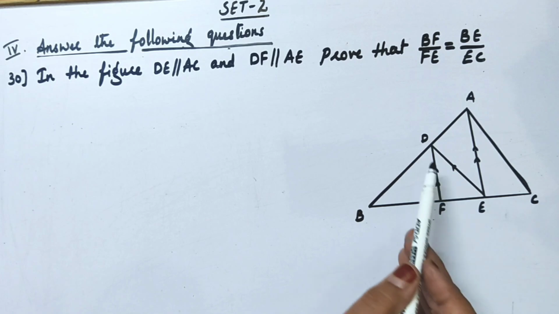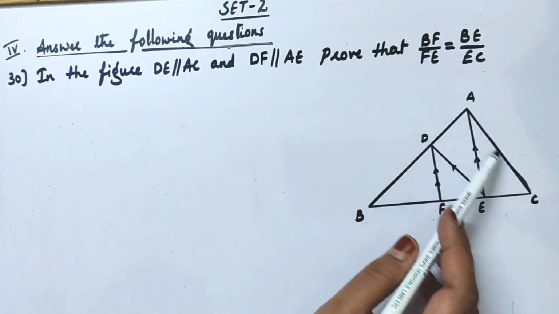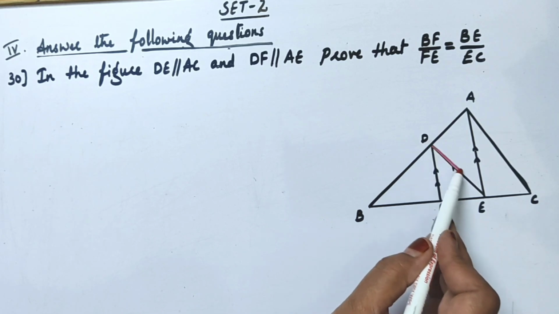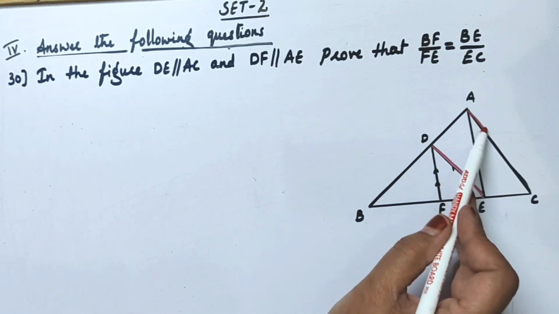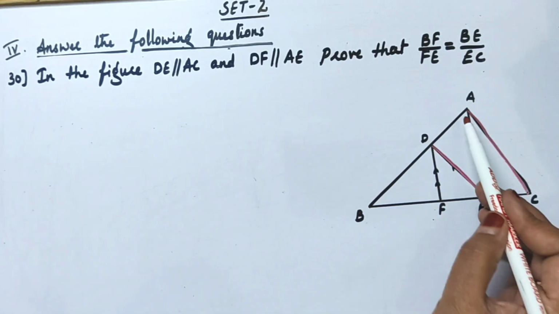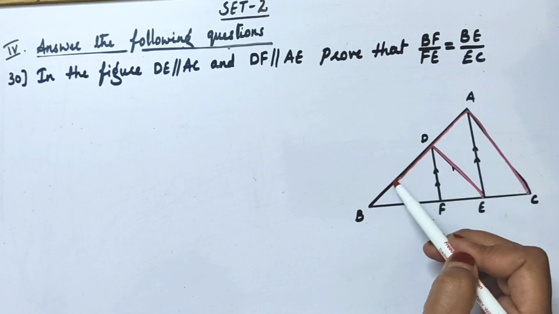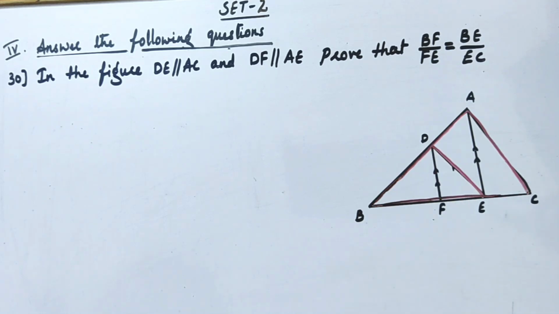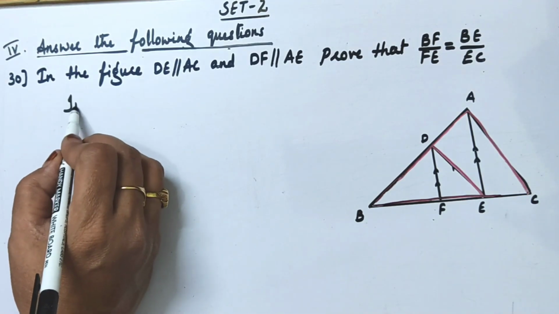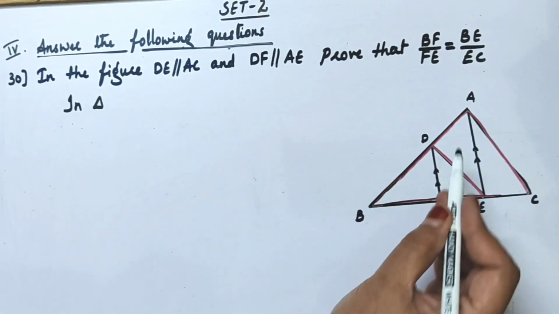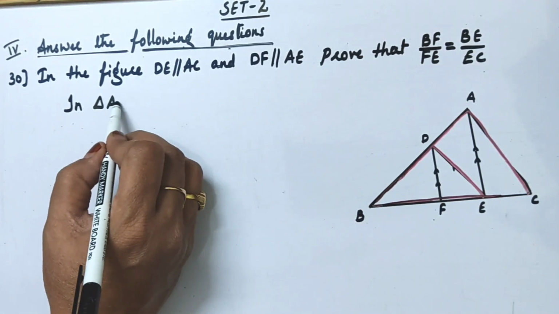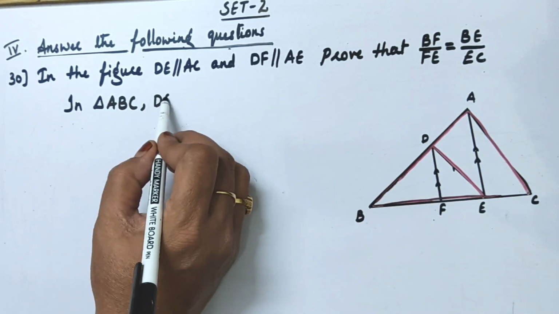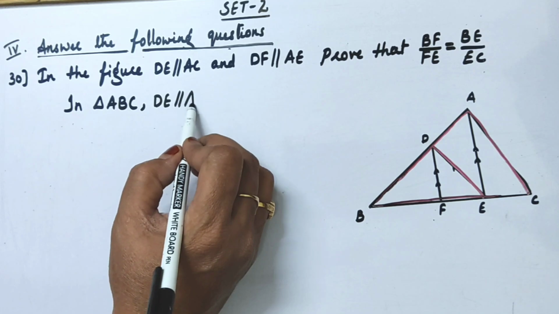This is a figure given. In this, DE is parallel to AC. Now you can see DE, this is a line which is parallel to AC. Now this is forming a triangle. I can say in triangle ABC, DE is parallel to AC.